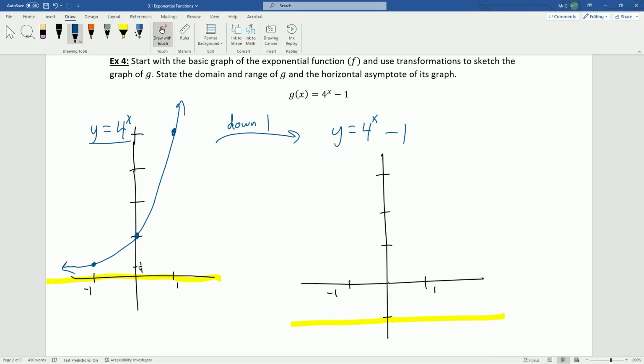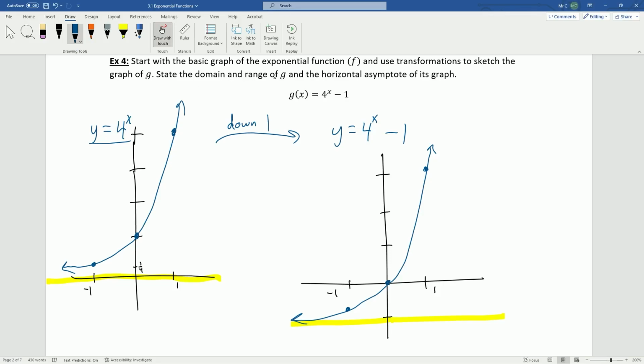And all of my points are going to drop down 1 with it. All right, so that's our graph, and now we just got to answer the questions here.